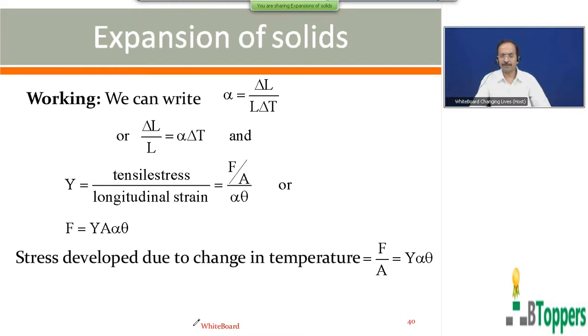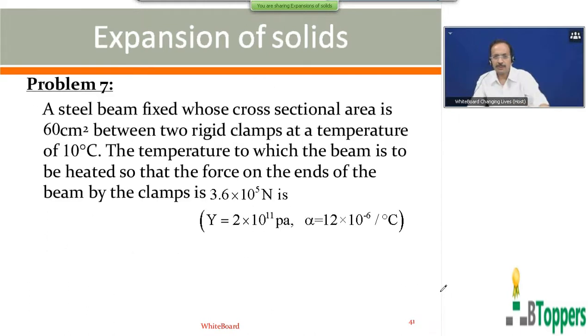So I am going to discuss the problem based on this case now. Look at problem number 7 shown on the screen. A steel beam whose cross-sectional area is 60 square centimeter is fixed between two rigid clamps at a temperature of 10 degrees centigrade.